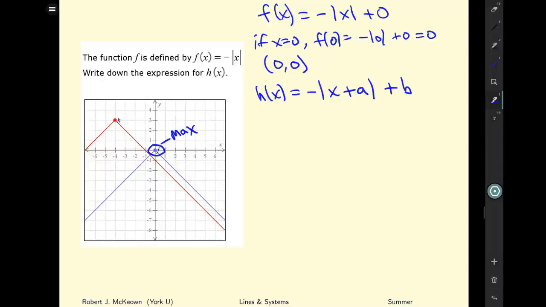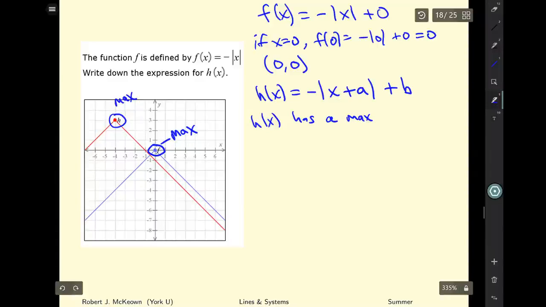Now I know that the h function has a max at the coordinates -4, 3.